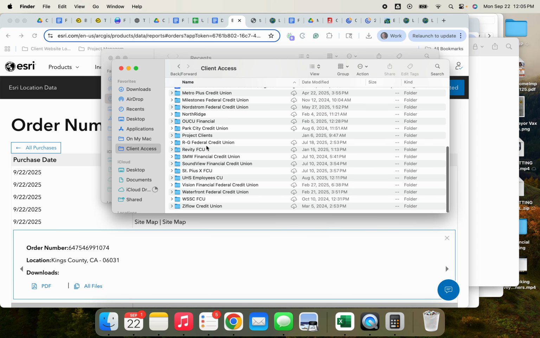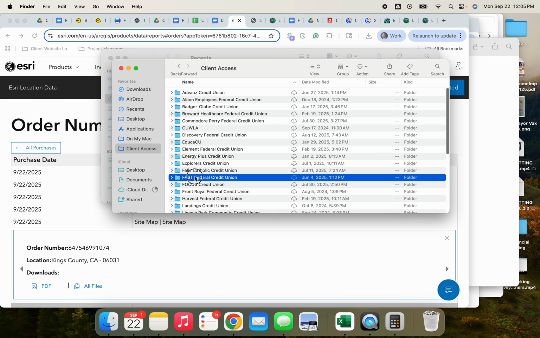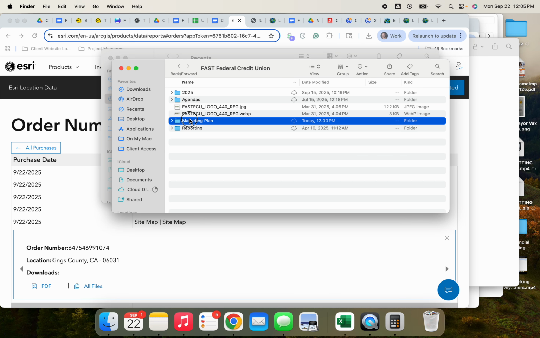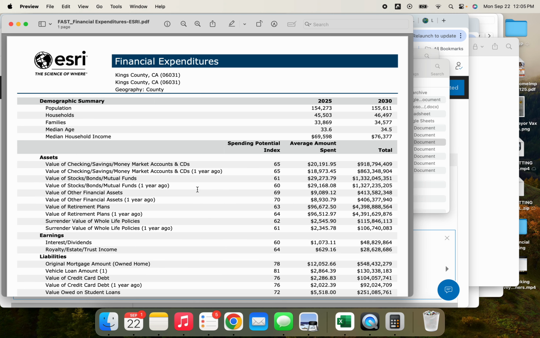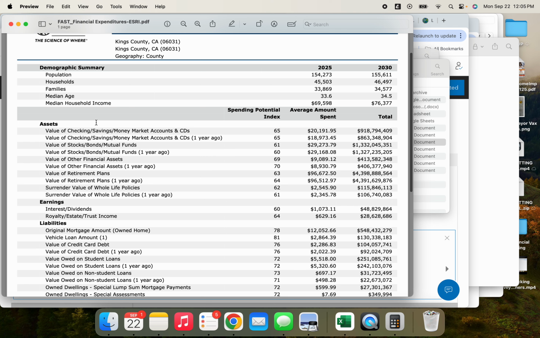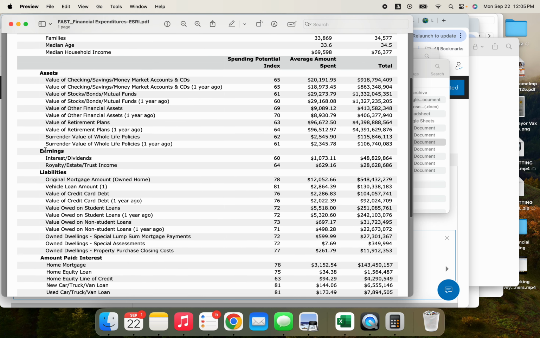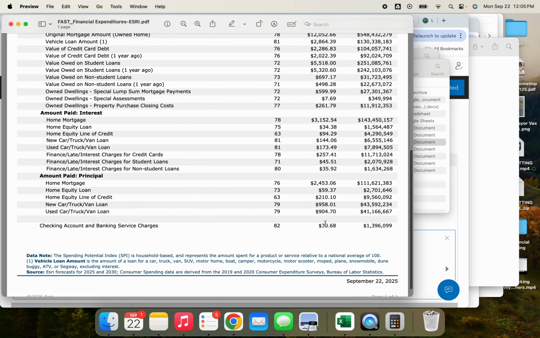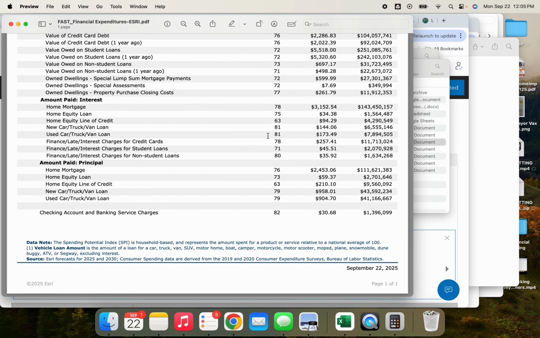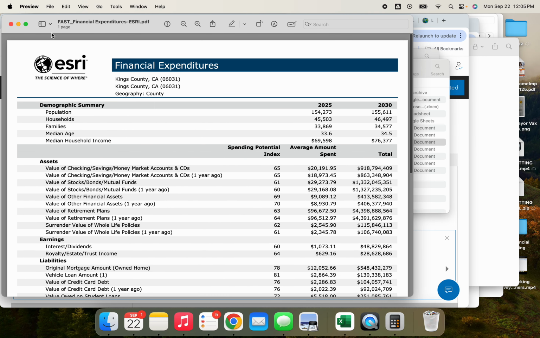So if we go to their marketing plan, I've saved these. Like financial expenditures here, we can see the value of all their assets, their earnings, liabilities, how much they pay in interest on various products and services. So just interesting stuff there.